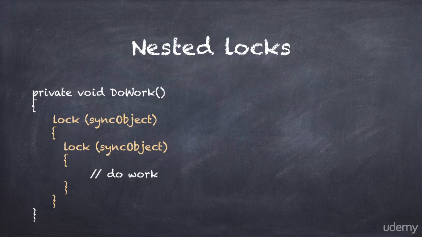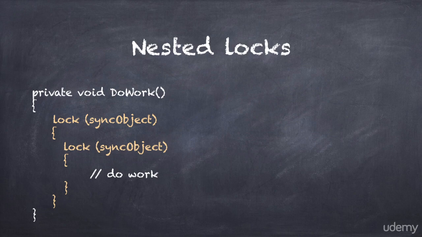The critical section is released when all stacked locks have exited. In terms of the Monitor class, this means you can have any number of Monitor.Enter statements, and the critical section is only unlocked when a matching number of Monitor.Exit statements have executed.